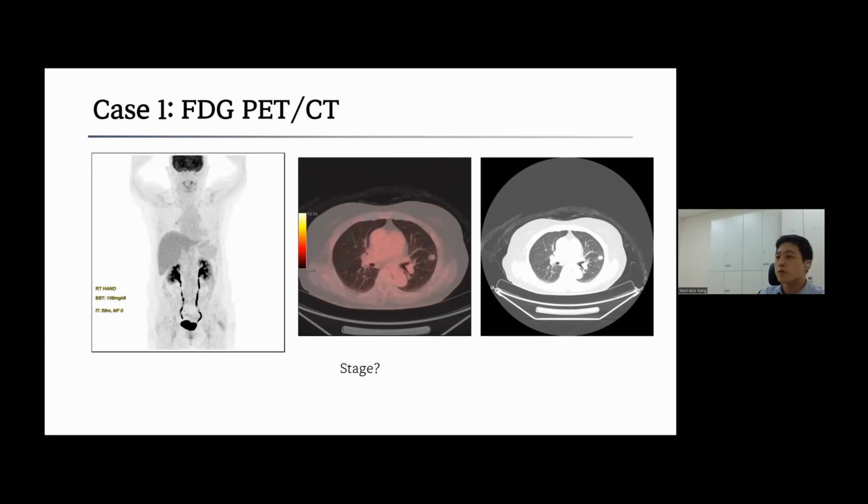As you all know well, the tumor size is between 1 and 2 centimeters, and no adjacent structure invasion or bronchial involvement is observed. So the stage is T1b, N0, M0. The patient received lobectomy, and the final pathologic stage was also T1b N0.